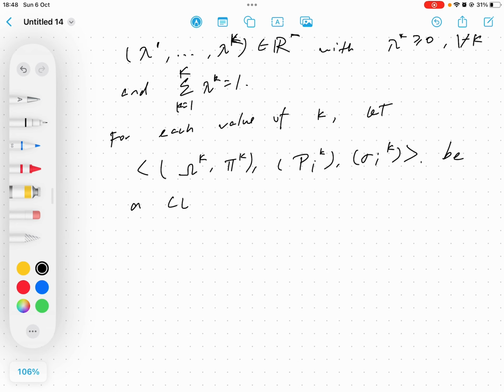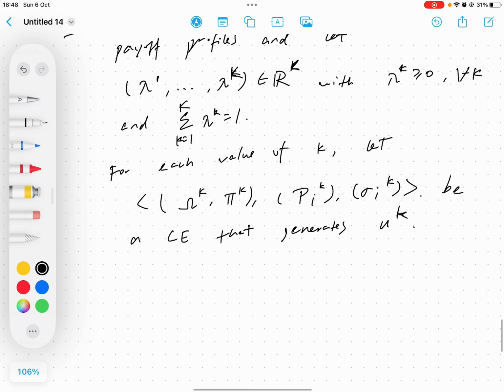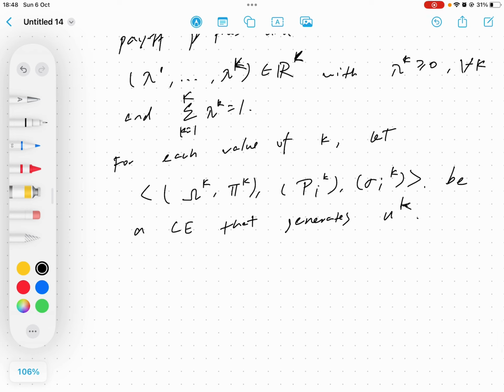Which generates payoff profile u^k. Those u^k are the payoff profiles, putting all those payoffs for each player together, right? Without loss of generality, we assume that the sets omega^k are disjoint.